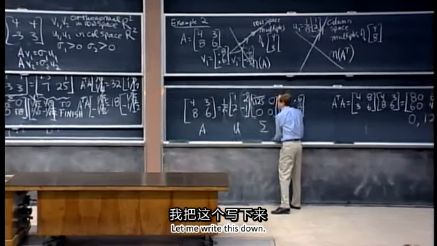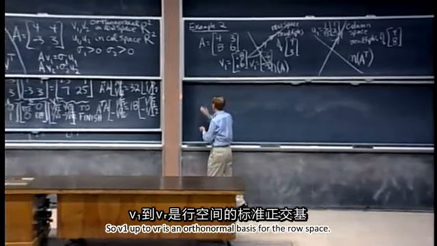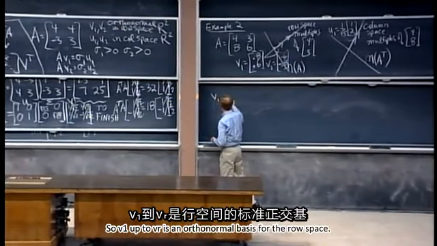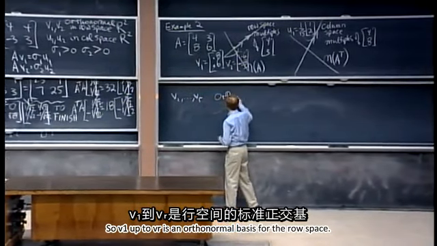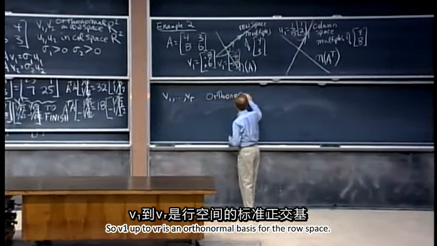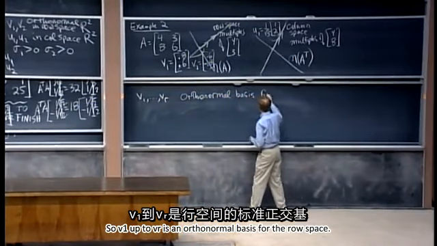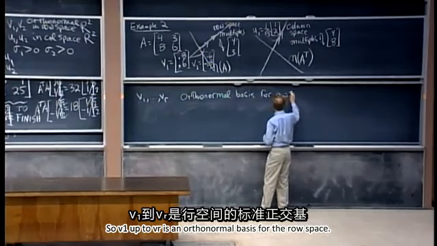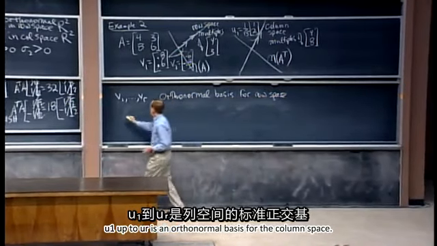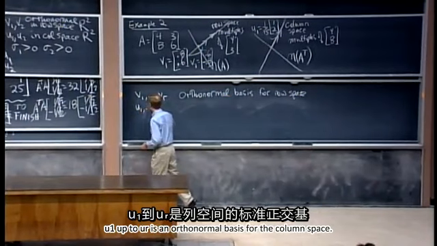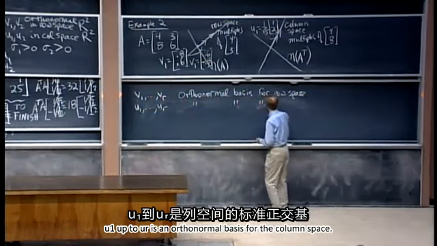Let me write this down. V1 up to Vr is an orthonormal basis for the row space. U1 up to Ur is an orthonormal basis for the column space.